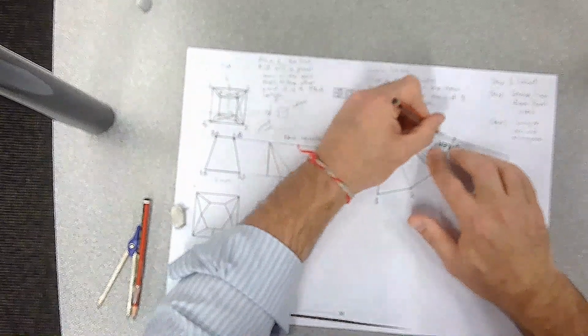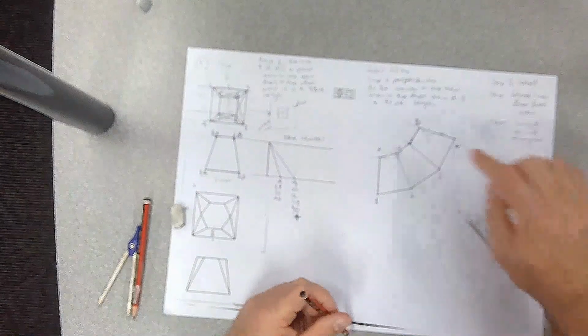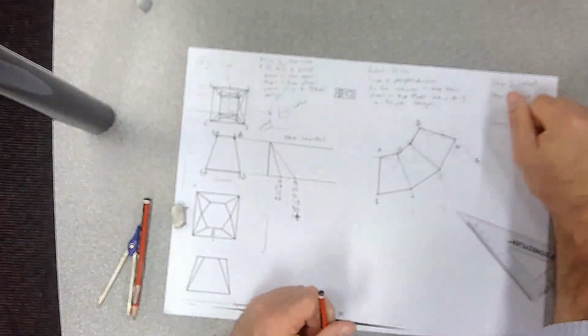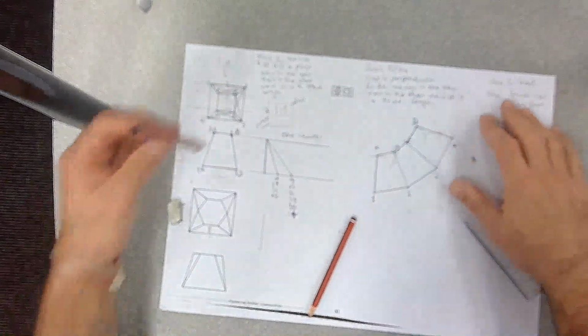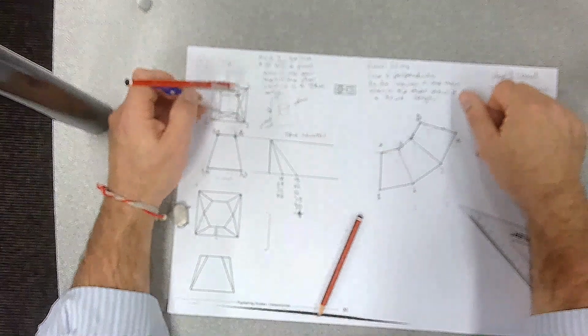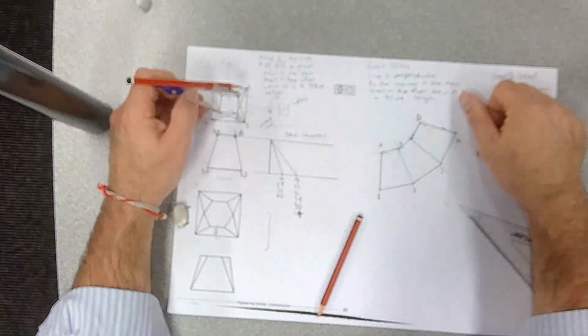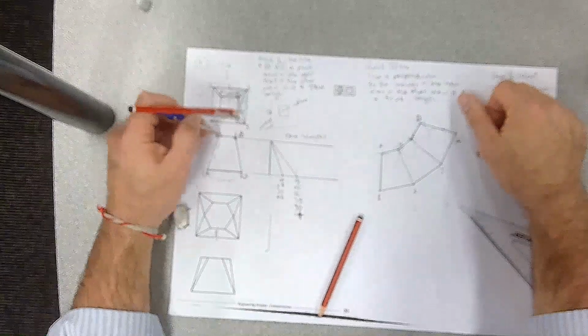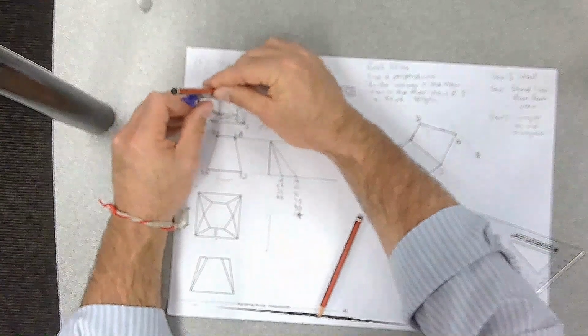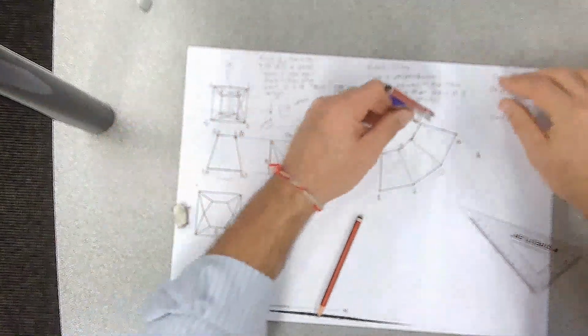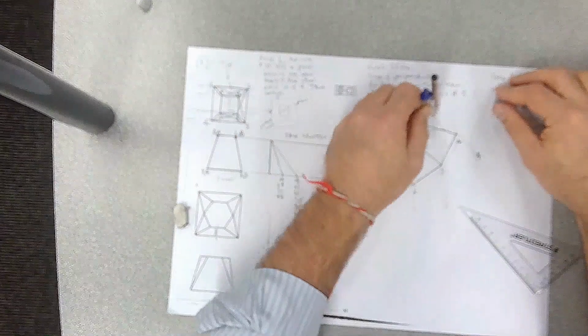So we've got 3 panels. We need one last panel. So we need to go back from D back to A. DA is a true length because in the bottom view it's a point view. So we can just grab DA and swing our arc.